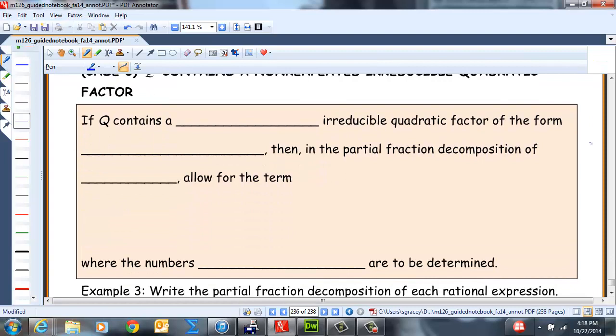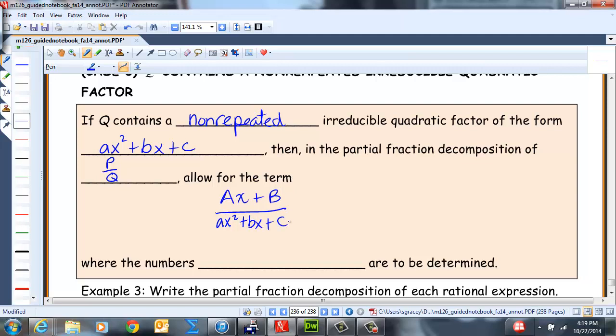So if Q contains a non-repeated irreducible quadratic factor of the form ax squared plus bx plus c, then in the partial fraction decomposition you allow for the term (Ax plus B) over your ax squared plus bx plus c, where the numbers A and B are to be determined.